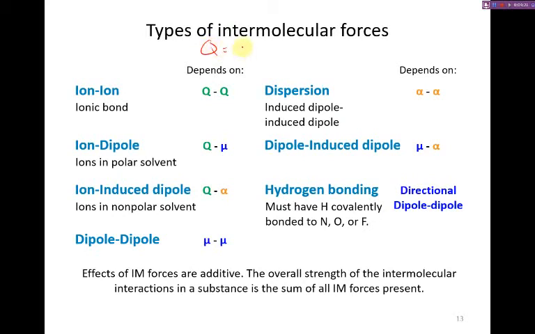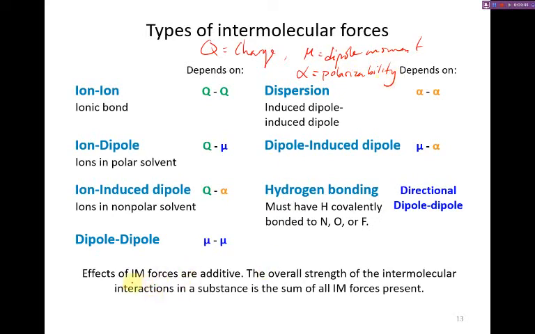Remember that Q is talking about a charge. Mu is looking at a dipole moment. And alpha is the polarizability. And we'll talk about each of these in length.